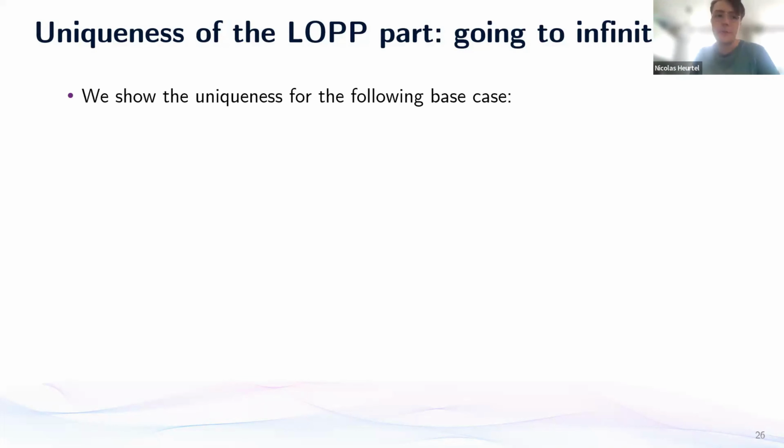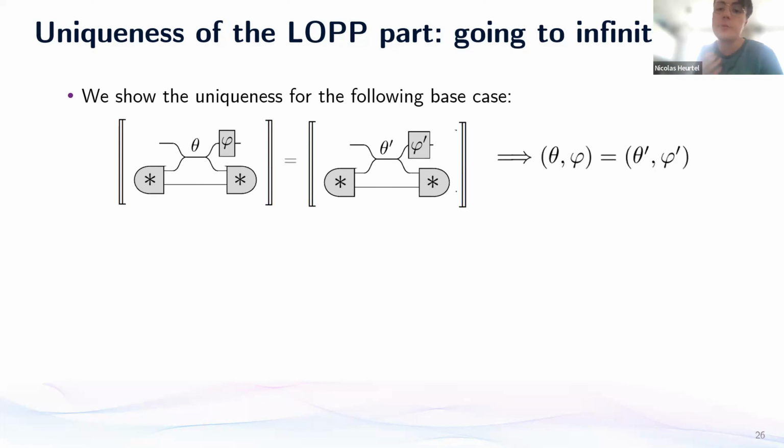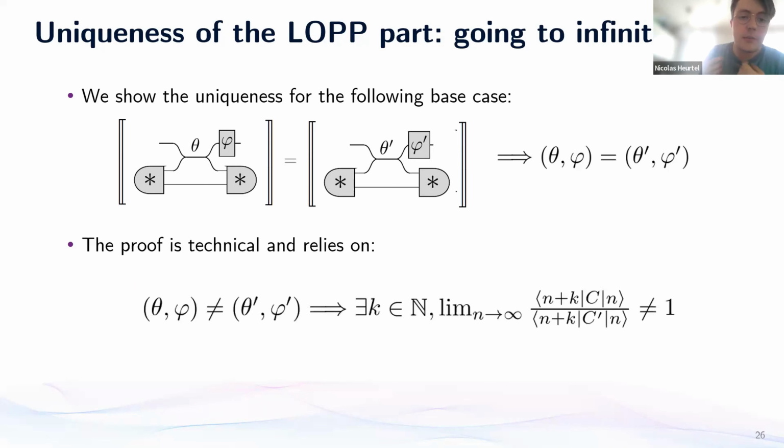So let's do the first part. To do that, we do an induction. First we show the uniqueness of the base case. The base case is: I have one input, one output. I won't go into the details, but it may be a useful technique for other proofs. How did I prove that? I took n photons as input and n plus k photons as output, and I will let n tend to infinity.